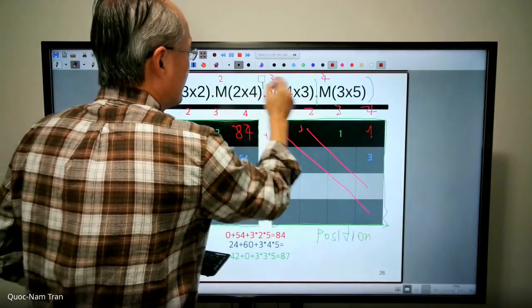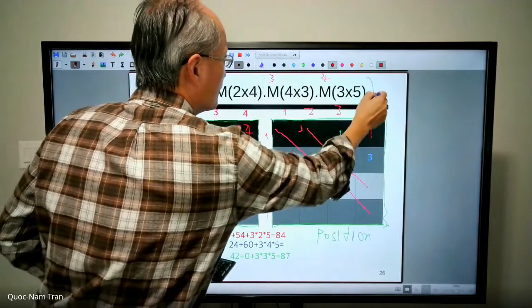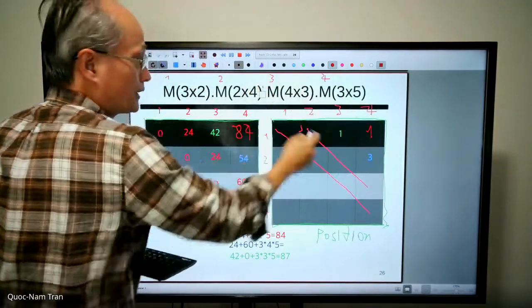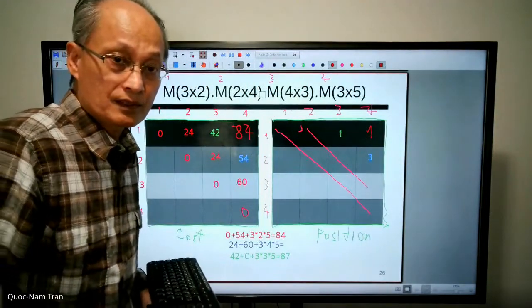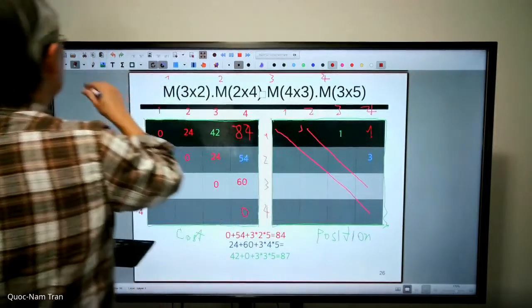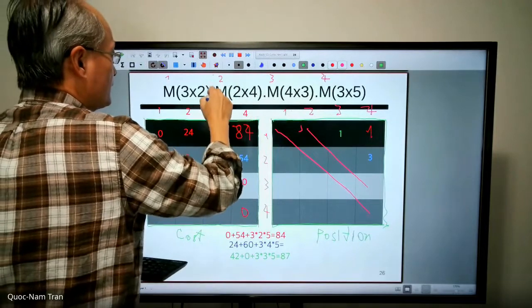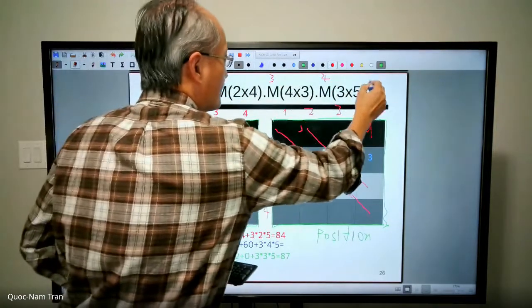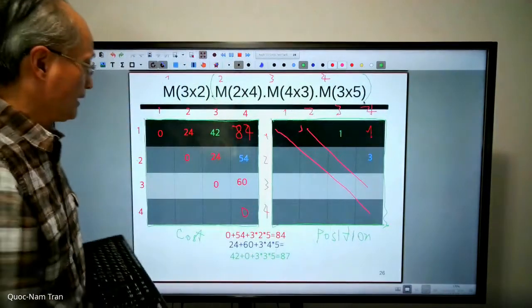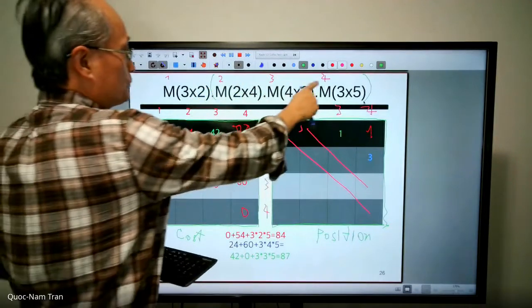To find that, I will look at this matrix. First, I break it at 1, meaning break it here. And now I have from 2 to 4.